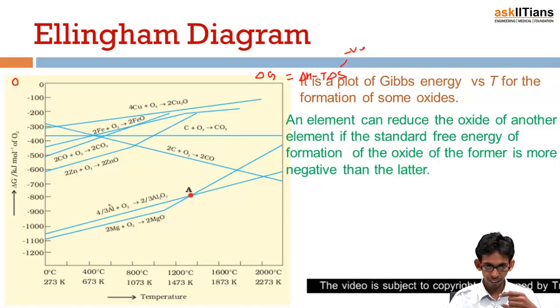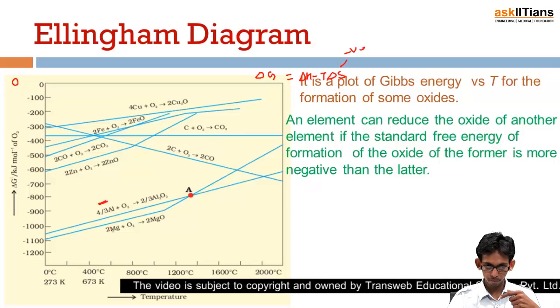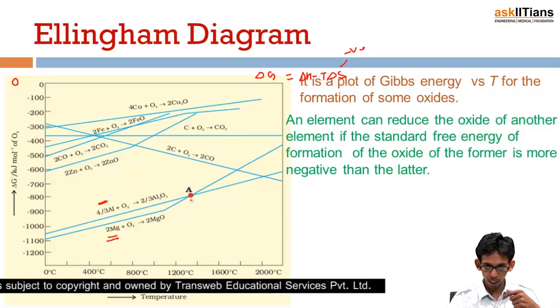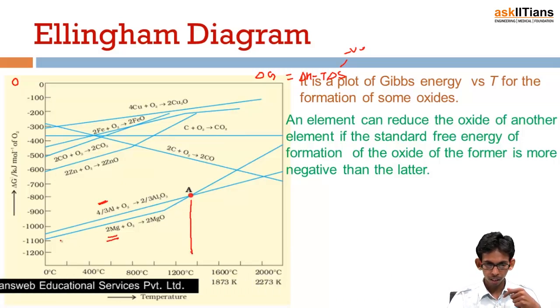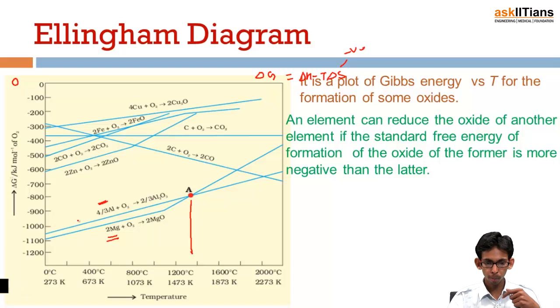So if there is aluminium and there is magnesium, and I know that up to this temperature the plot of magnesium is below the plot of aluminium, then at any temperature below this point, magnesium can reduce aluminium oxide. But after this temperature, the plot for aluminium is below the plot of magnesium, so now aluminium can reduce magnesium oxide.